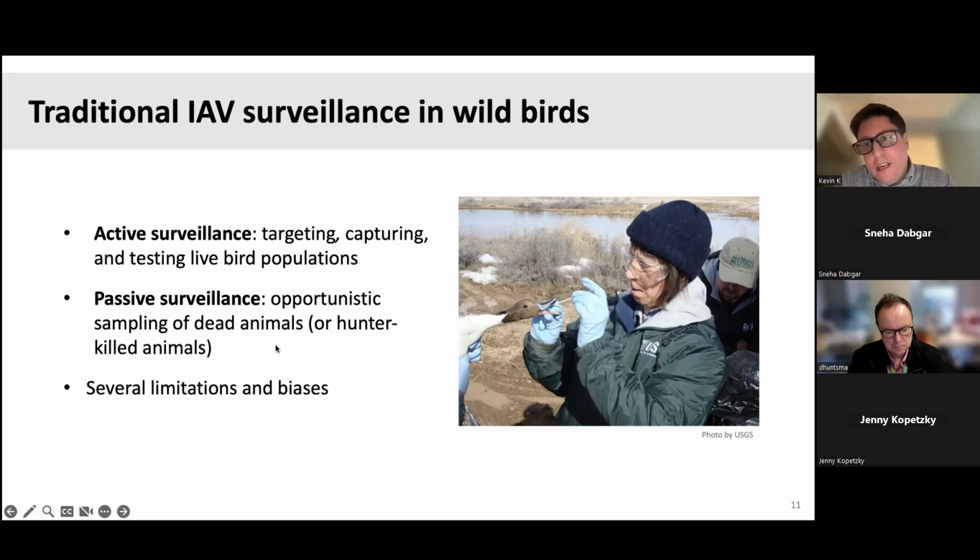And then in the case of hunter-killed animals, you have a bias towards species that are legal and popular as game, and then you're only getting your collections during the official hunting season. And because of all of these biases and limitations, bird surveillance almost never detects incursions of dangerous avian flus before outbreaks start happening.